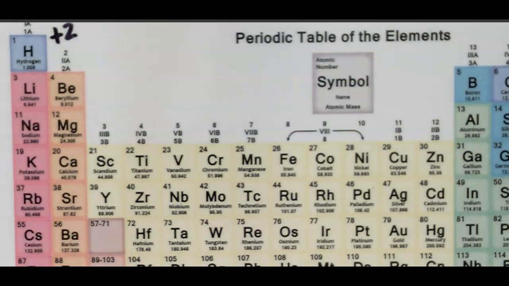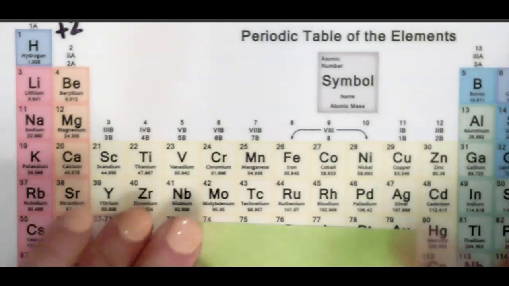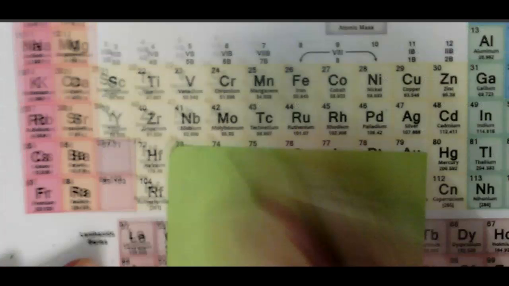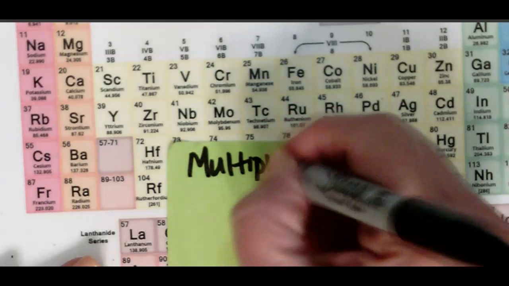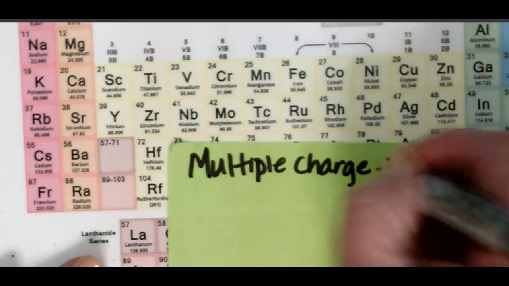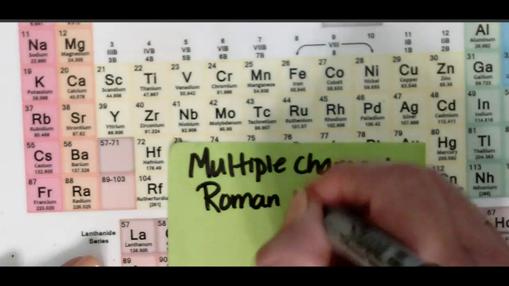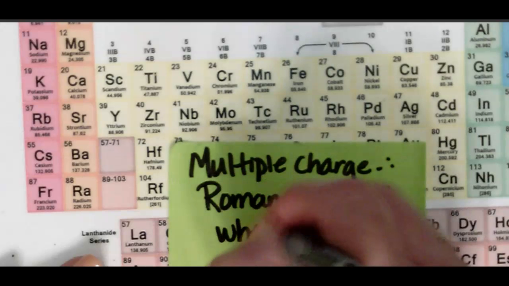And I'm going to go ahead and grab a sticky note here and put a note that says that if you are using any of the transitions, they have multiple charges, and therefore we use Roman numerals when naming.